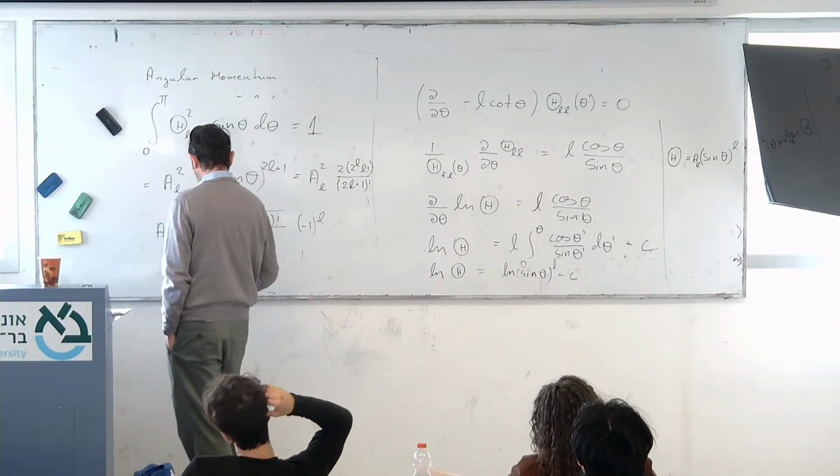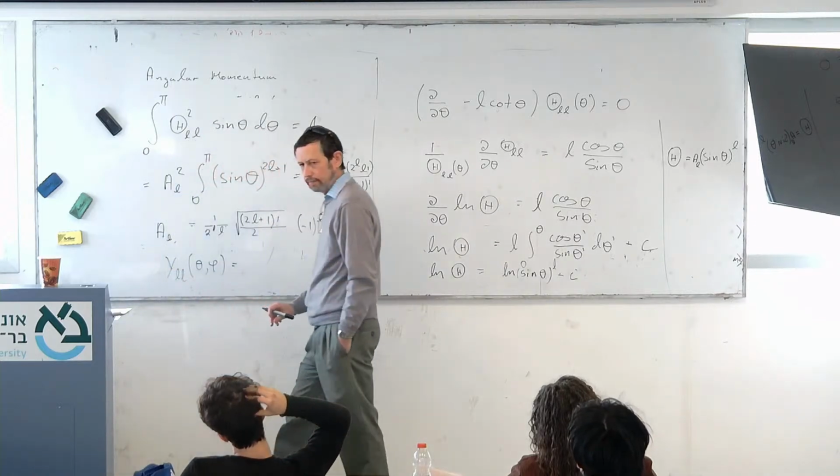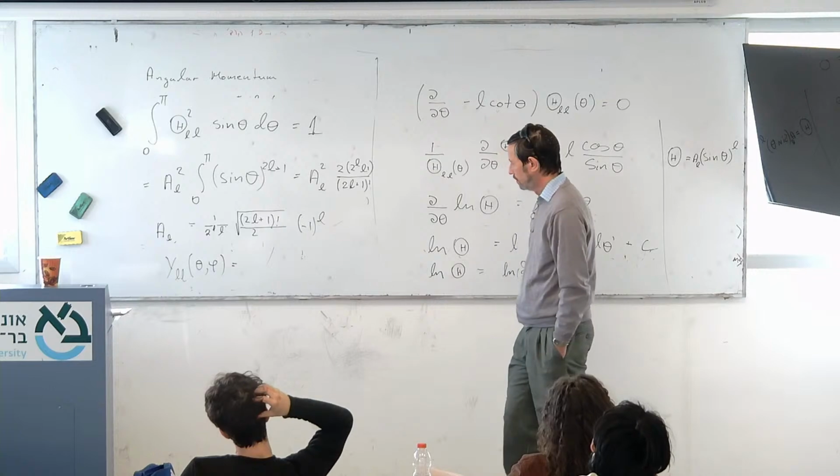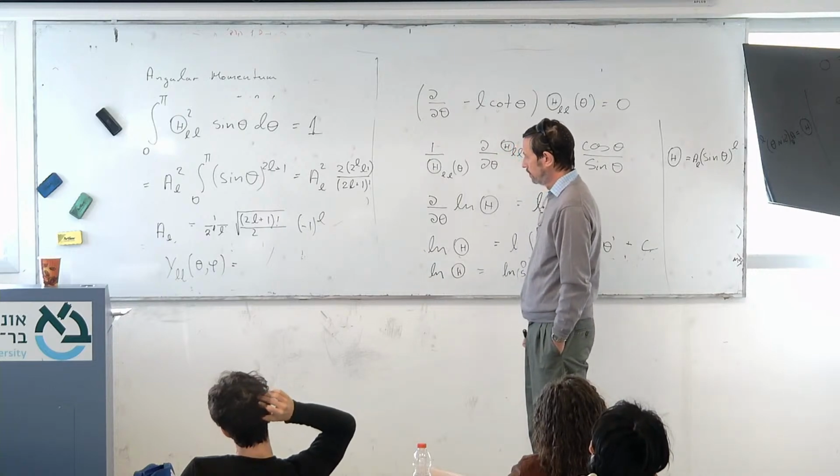Wait, how did you take the 2 to the power L times L factorial outside of the square root?